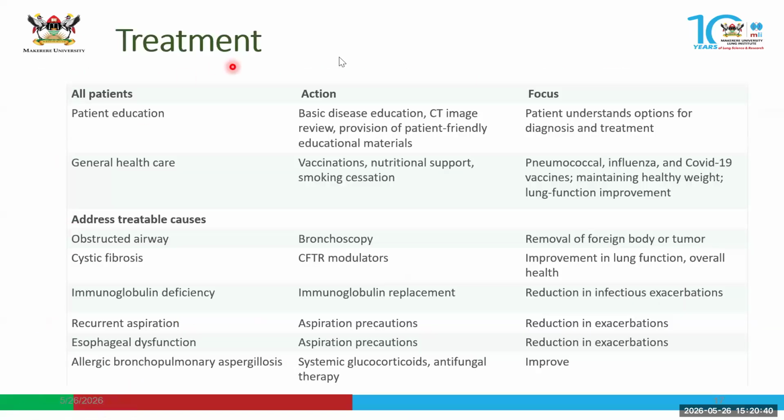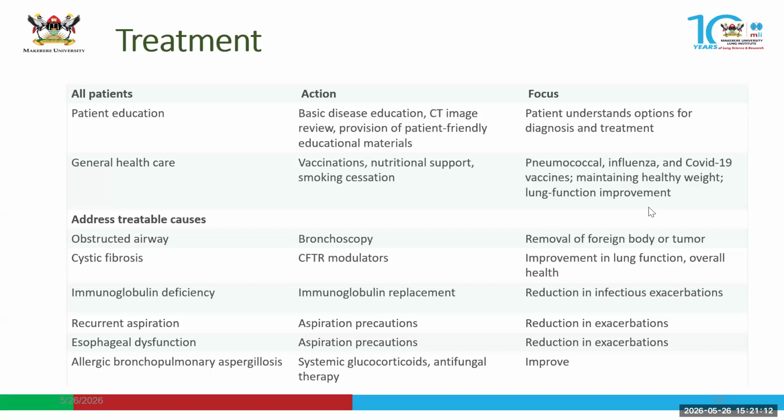So when it comes to treatment, above all, this being a chronic disease, one of the focuses is patient education. The patients really need to know what the disease is, and they would have to know that this may have no cure, but the symptom resolution can be focused on to help them have a better quality of life.